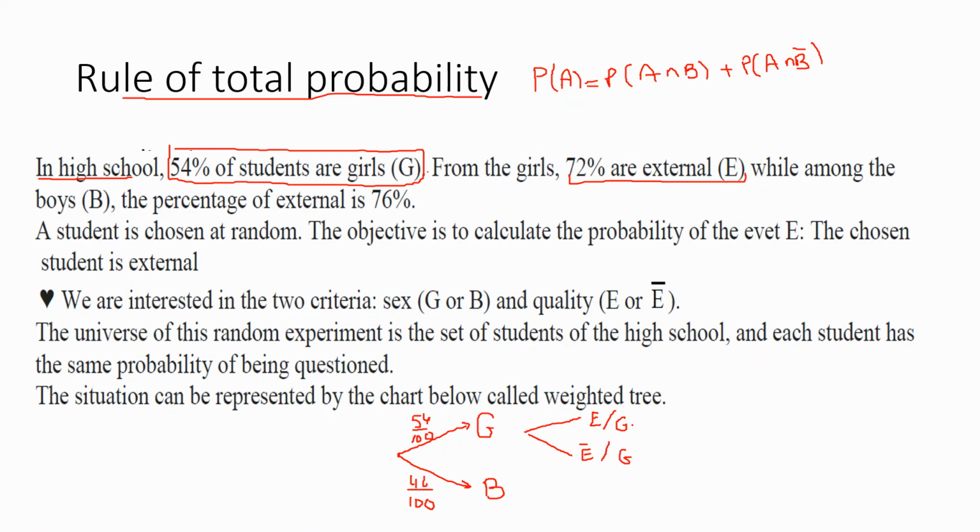The percentage to be external is 72 over 100. Not external is 28 over 100. So the total should be 1.